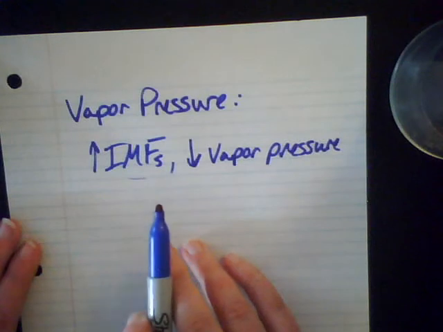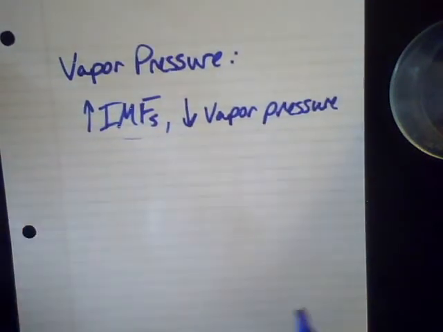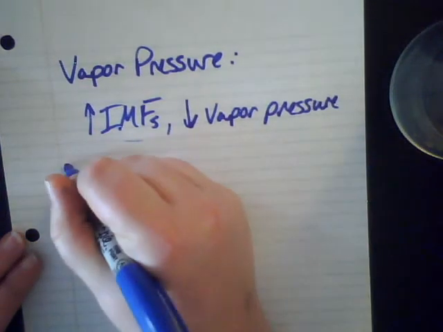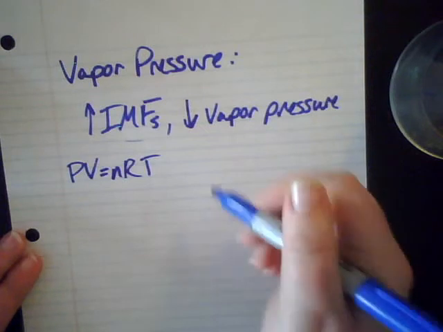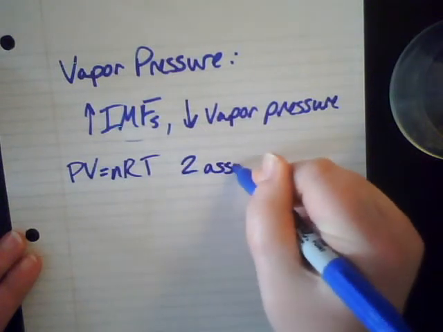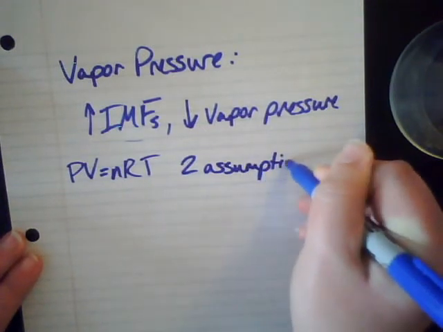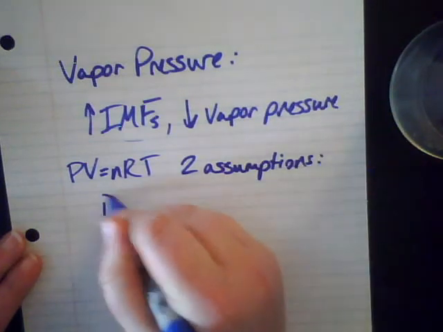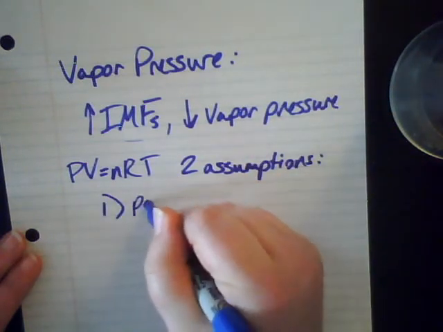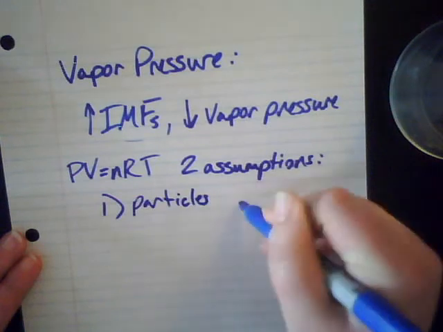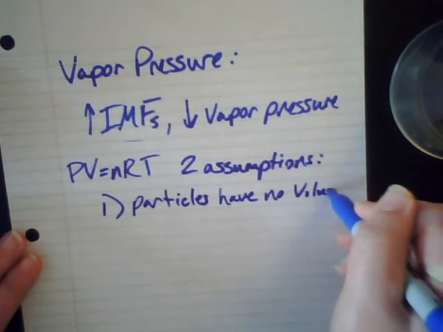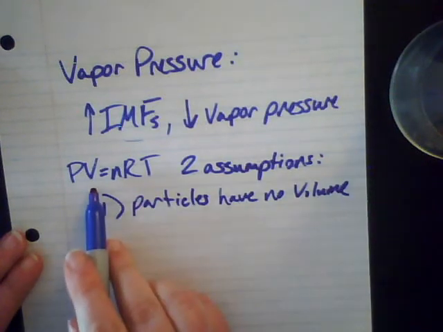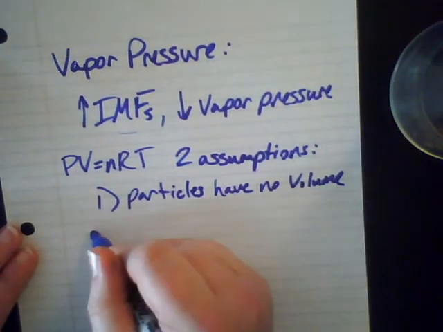Okay, so now if we're relating this idea to gases, remember PV equals nRT? That was our ideal gas law, and we said that we had to have these two assumptions about gases. The first was that the particles themselves have no volume. So the V in our PV equals nRT is just the volume of the container.